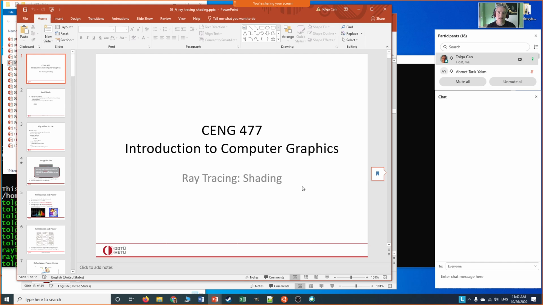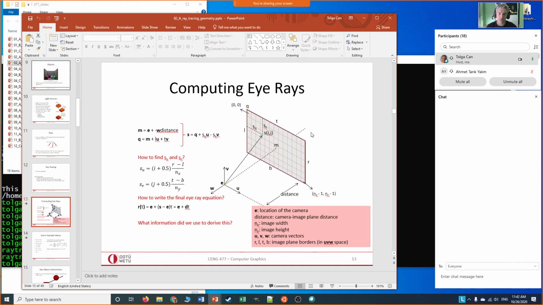The sun rays do not come to my face directly. But there is ambient light that is bouncing off the walls around here. And the light coming from this direction is larger than the light that is bouncing off the wall, and therefore it's shaded in different intensity. So we are going to talk about shading after the geometry slides are finished.